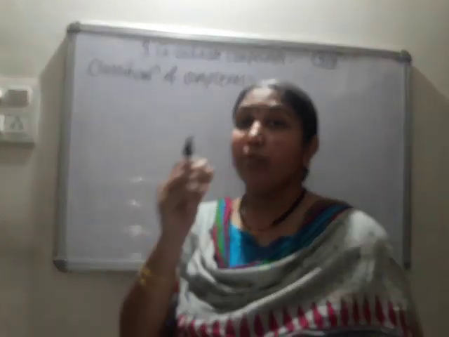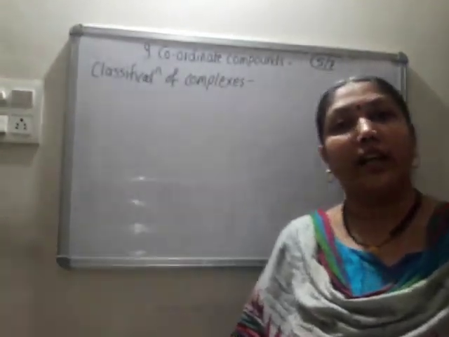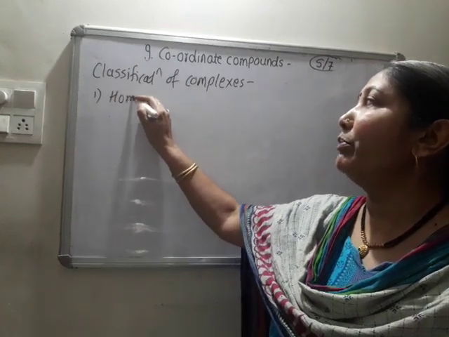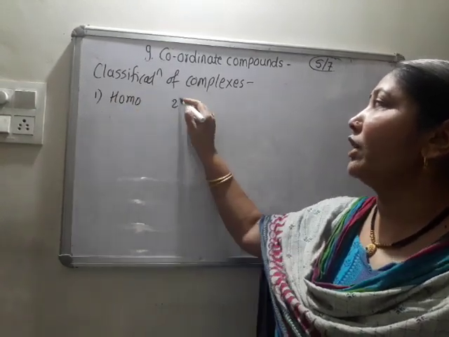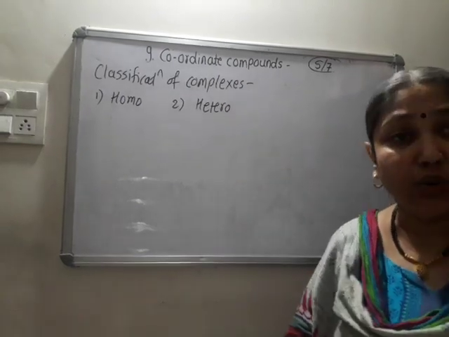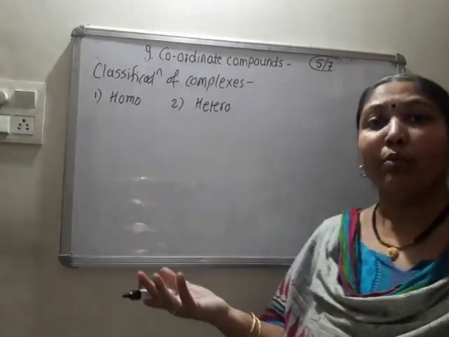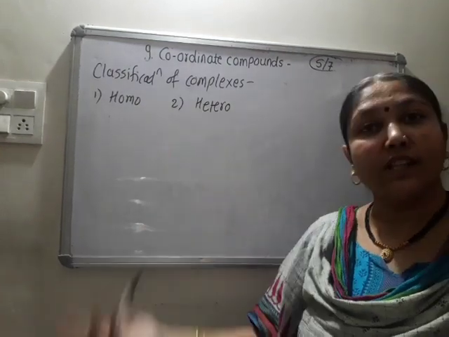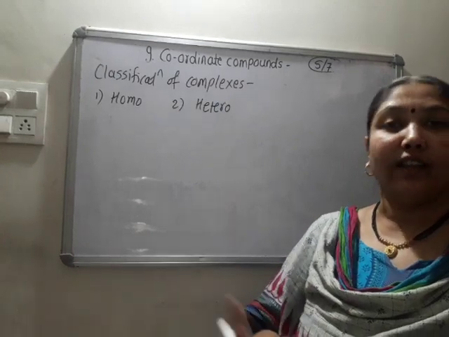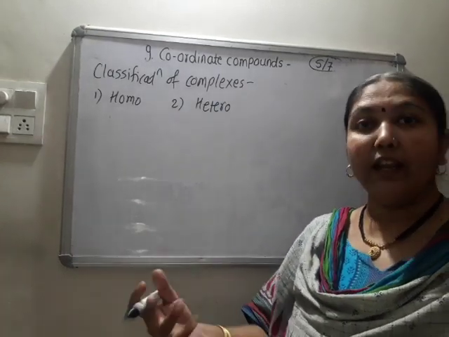Depending upon the type of ligand, these are classified into homoleptic and heteroleptic. Homo and hetero, meaning and example. It is very easy to score in this lesson, a 1 mark question. Homo means same, we all know. So a complex having the same type of ligand is homoleptic.